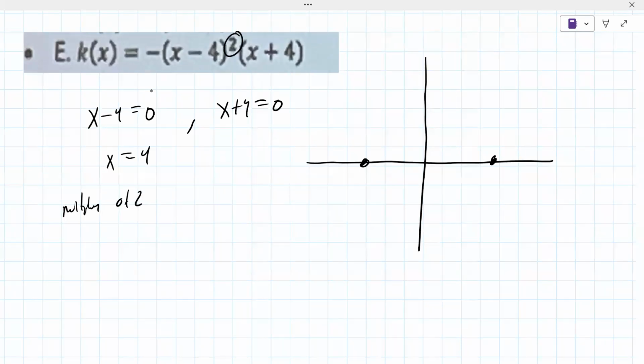You remember what that means as far as whether it touches or crosses? Multiplicity 2 means that it bounces or touches. The negative tells you whether it starts high or starts low. You've got to figure out where it starts, basically, which of these arrows is it?